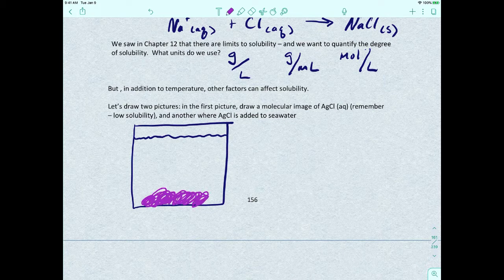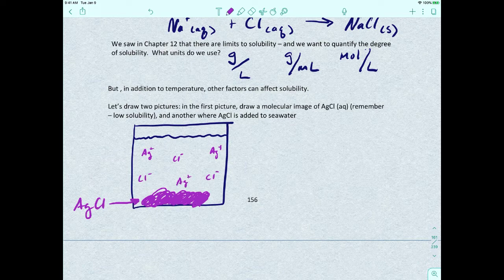Well, it doesn't really matter because it's got a low solubility limit, but you've got a lot of silver chloride sitting at the bottom, and you've got some silver ions in solution. You've got some chloride ions also. And I'll put another silver.